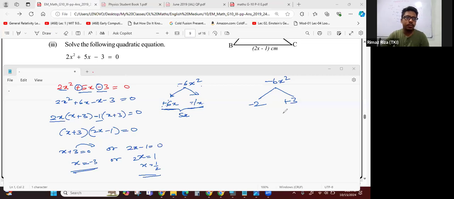So if you add these two, plus 3 and minus 2 will be plus 1, but we want plus 5. So we can't take minus 2 and plus 3 as factors because the summation should be equal to plus 5. Therefore, we have to take 6 into 1. So 6 into 1, bigger one is plus, smaller one is minus. Therefore, plus 6 and minus 1 is plus 5. You get this. Do you understand now?